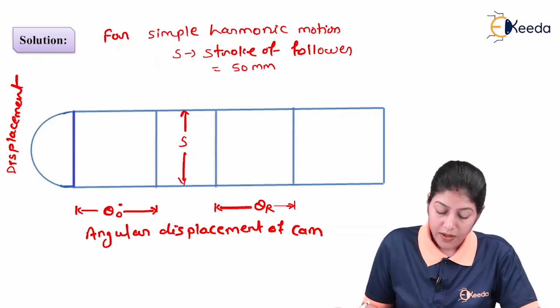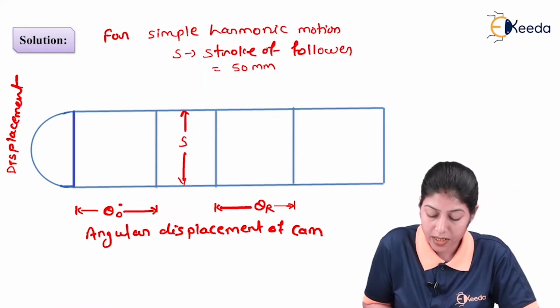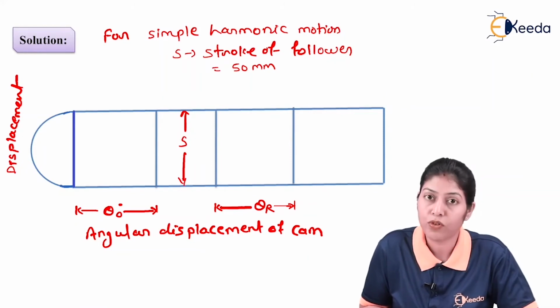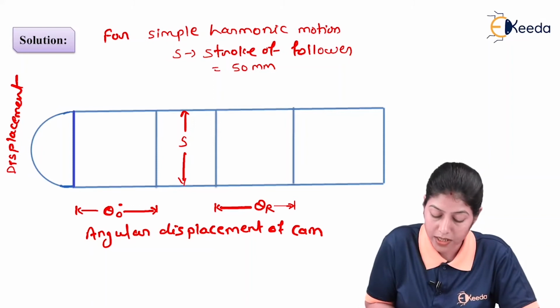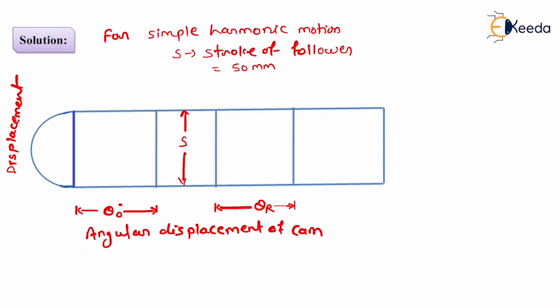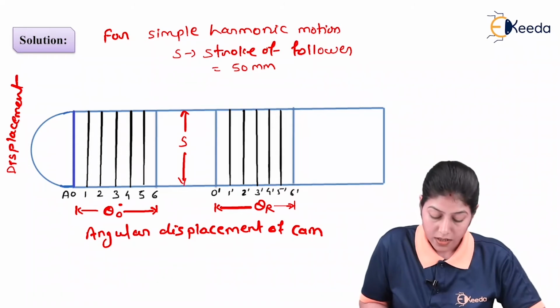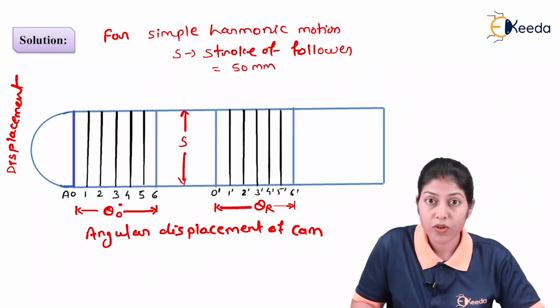Now we have theta naught and theta r. The next step is to divide theta naught and theta r into an equal number of parts. If we divide them into 6 equal parts, here we will divide the outstroke and return stroke into 6 equal parts.